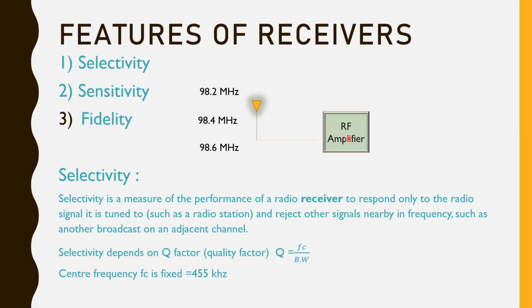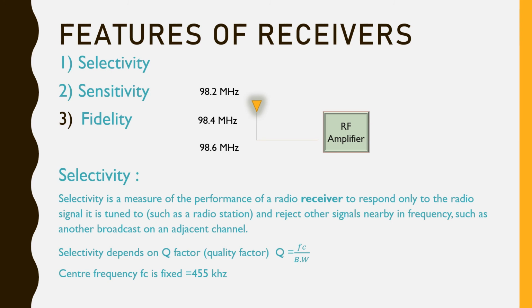So our receiver should be able to reject other two signals, like our receiver should be able to reject 98.2 and 98.6, and it should select 98.4 megahertz. Selectivity depends on quality factor Q. Q is equal to Fc upon bandwidth. So we generally fix our center frequency at 455 kilohertz to maintain better selectivity.